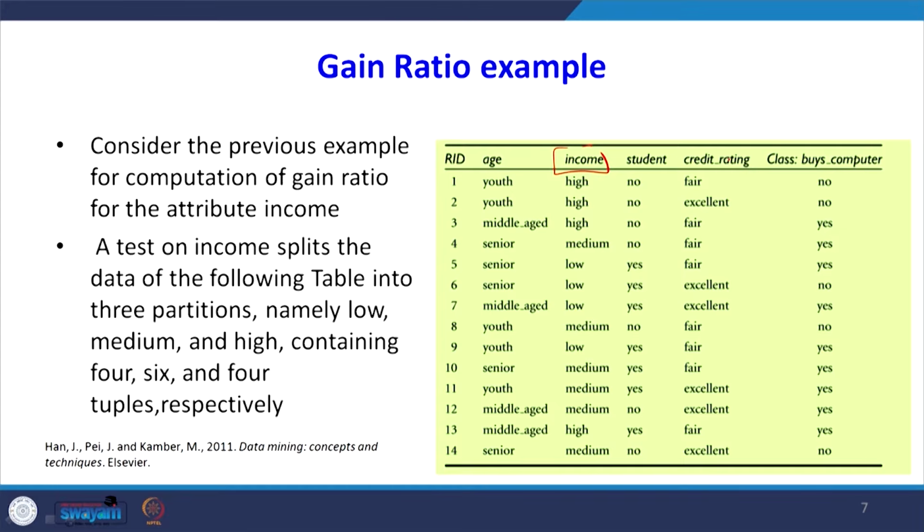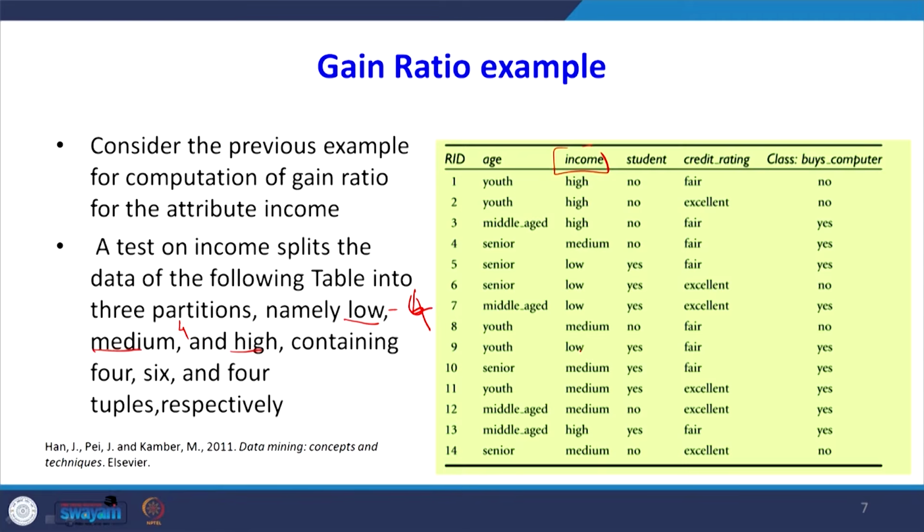A test on income splits the data into the following table of 3 partitions. When you look at the income column, there are 3 levels: low, medium and high. In low there are 4 elements, 1, 2, 3, 4.